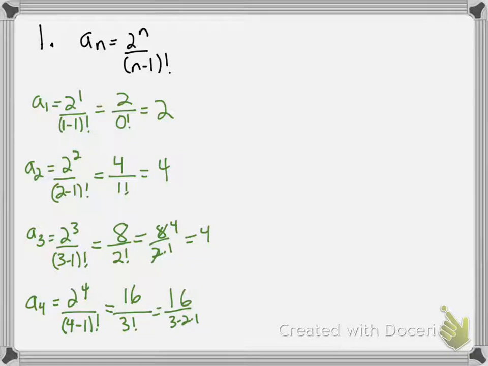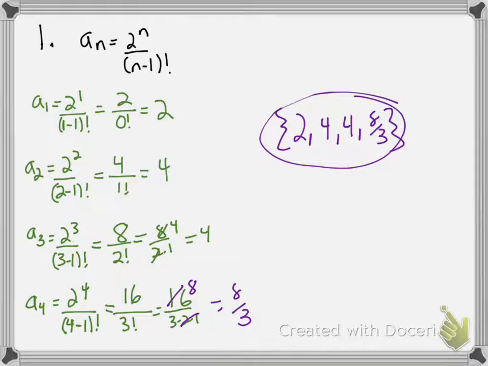And we know 2 goes into 16 8 times. So it gives me 8/3. So my first 4 terms are going to be 2, 4, 4, 8 over 3. Okay, I'm going to clear this and we'll get started on our next one.